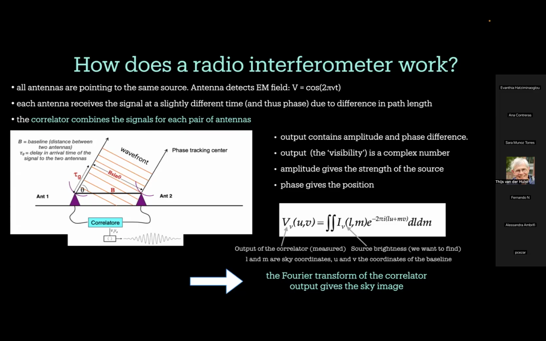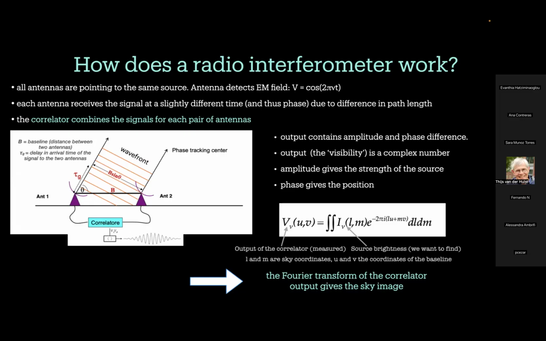So what comes out of the interferometer, what we call the visibility, is a complex number depending on the source. In a sense, the amplitude gives the strength of the source, and the phase gives the position. Because if the source is in a slightly different position, this time difference, and hence this angle, this phase, is different. So phase, in a sense, gives position, amplitude gives the strength. And that's represented in this complex number called the visibility.